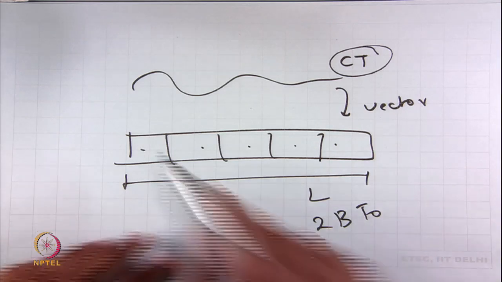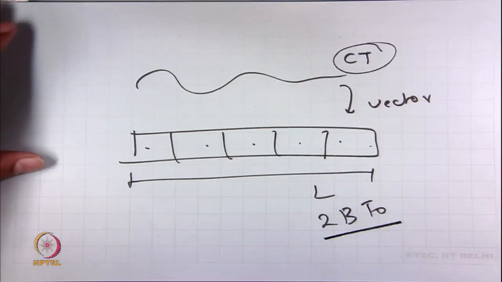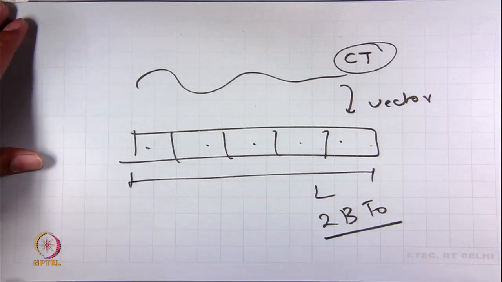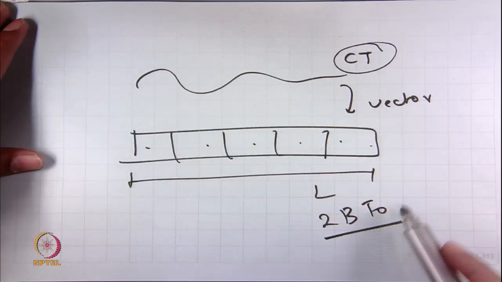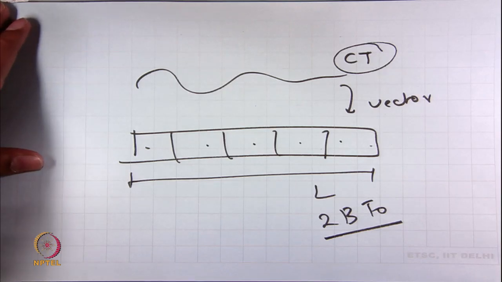Of course, we are only allowing real numbers to be filled in this array, and hence the number of real numbers that you would require is 2 B T naught, and hence the degree of freedom of this signal is 2 B T naught. Degree of freedom is nothing but the number of real numbers that you would require.